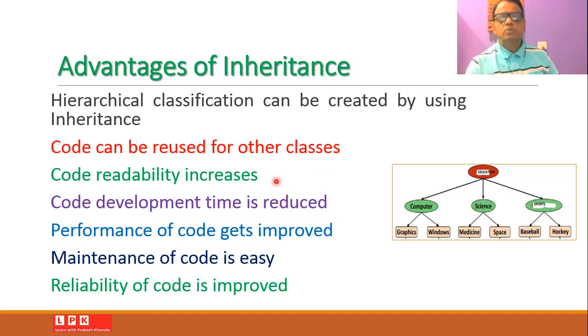Code readability also increases: the understanding of the code improves for the user or programmer. Code development time is reduced because a certain part of the code is already developed and tested, so you need not test it again.